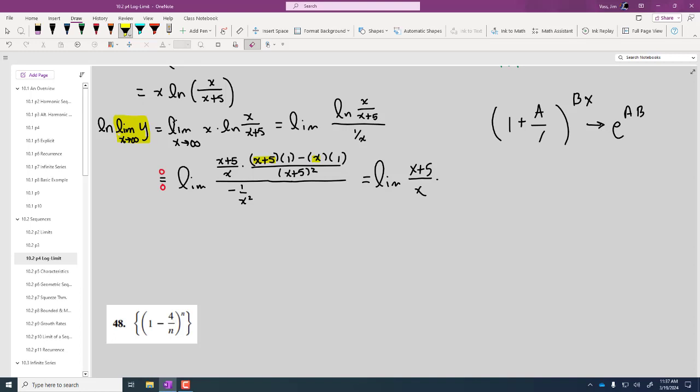X plus 5 minus x is just going to reduce down to 5. So 5 divided by x plus 5 quantity squared. And then we're dividing by a fraction, so we multiply by its reciprocal. So if we multiply by its reciprocal, we are going to have negative x squared divided by 1. Obviously, you don't need to write the division by 1, but we will.